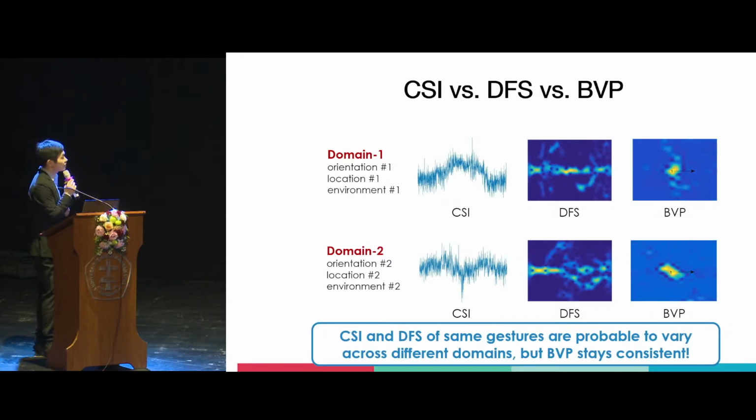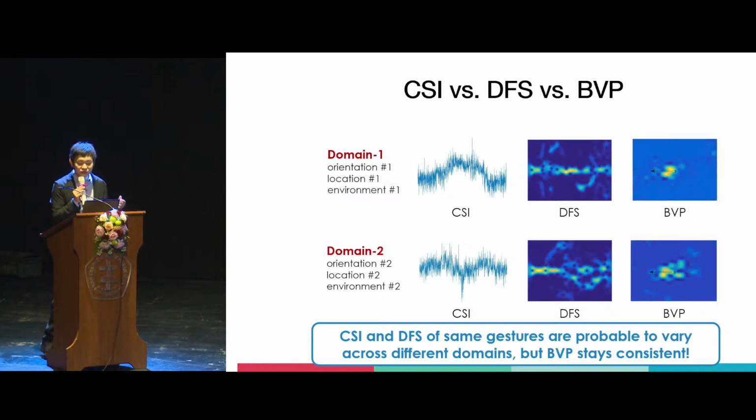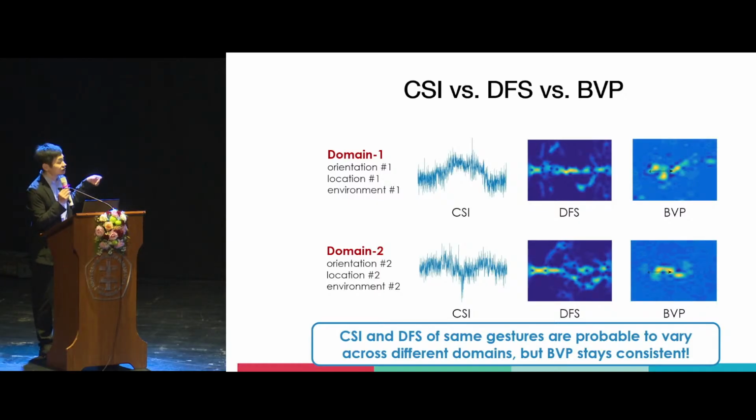We can observe that the CSI waveform changes a lot between domains, although the gesture is the same. The DFS spectrum also changes with the scene, but the BVP patterns stay relatively stable across different domains.